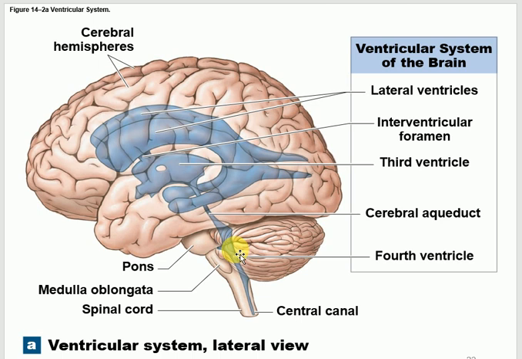Why did you call it this name? Aqua means water or watery fluid. It's a duct that conducts the CSF, which is watery fluid, from the third to the fourth, and it passes through the cerebrum, going into the fourth ventricle.